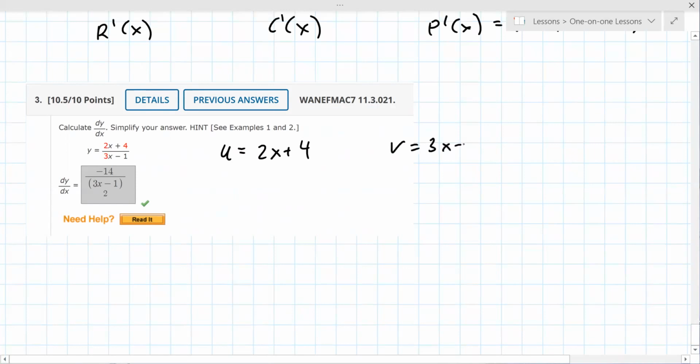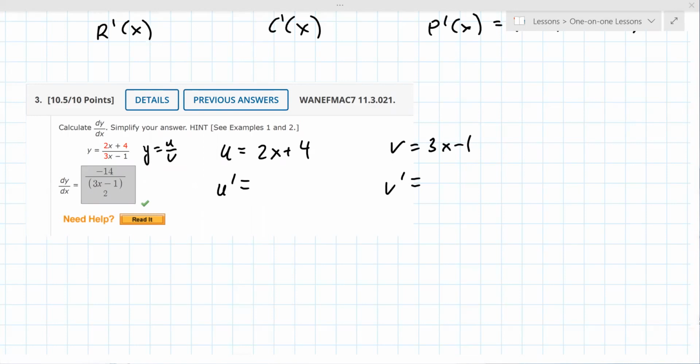V is 3x minus 1. So your y is really u over v. And then we need to find a derivative for each. What is the derivative of this top one, the u here? Just 2. How about the v? Just 3.